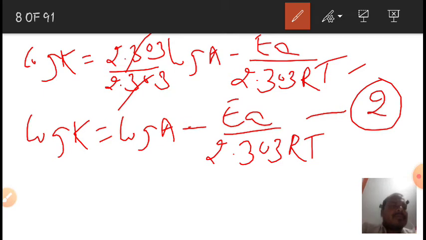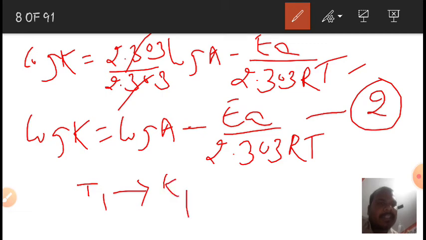So to calculate Ea, we calculate rate constants at two different temperatures. I am assuming that there is a reaction in which at T1 temperature the rate constant is K1, and at T2 temperature the rate constant is K2.